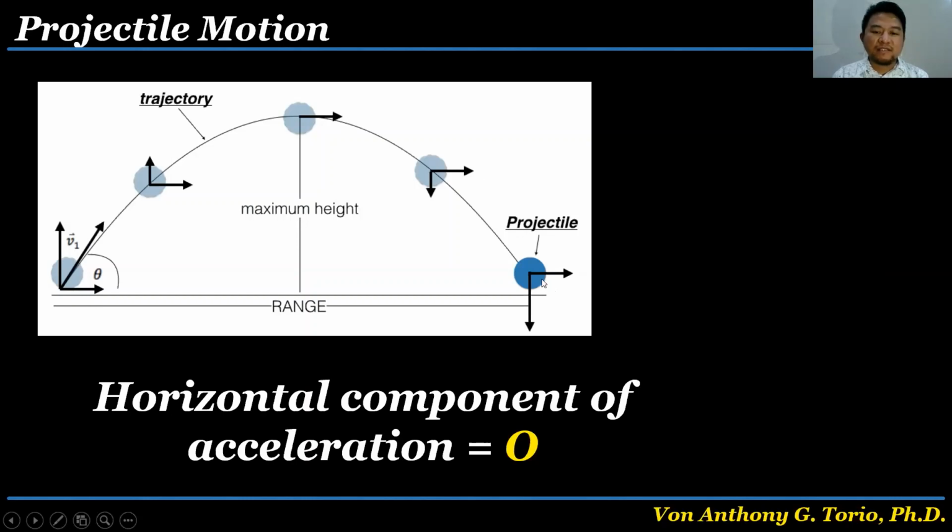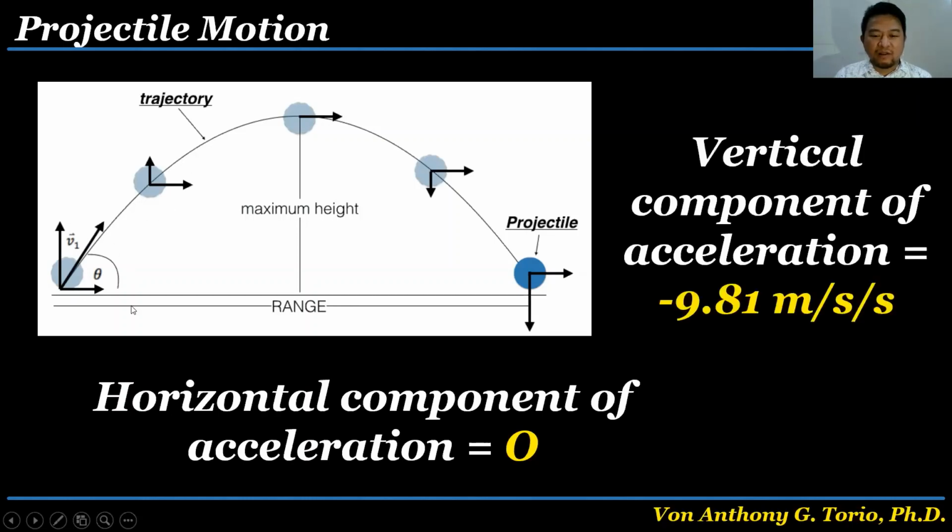So since there is no change in the velocity along the horizontal, the acceleration of the projectile along the horizontal is 0. That means that the object does not speed up, slow down, or change direction when we talk about the horizontal component of motion.